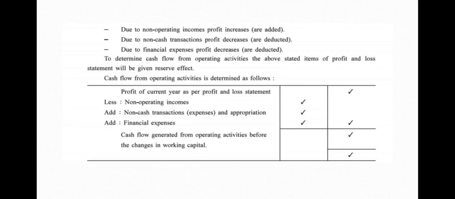Once again, let us see: the profit of the current year as per the profit and loss statement, you will write in the second column of amount, and from that non-operating incomes will be deducted, non-cash transactions, that is expenses and appropriation, will be added, and financial expenses will be added, and the sum of all these three will be written in the second column, and accordingly the amount will be found.